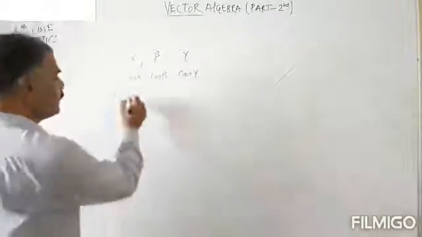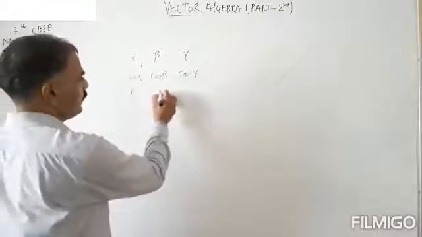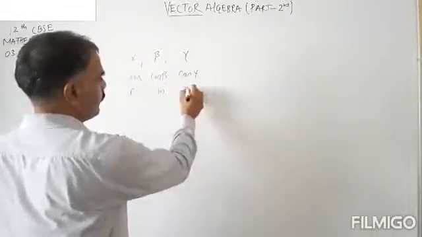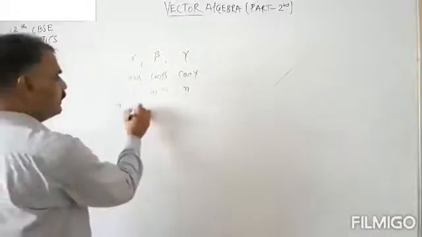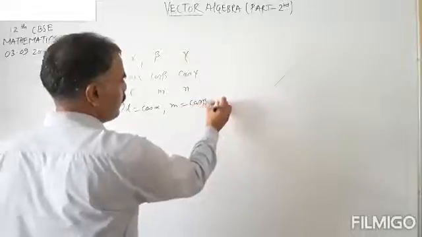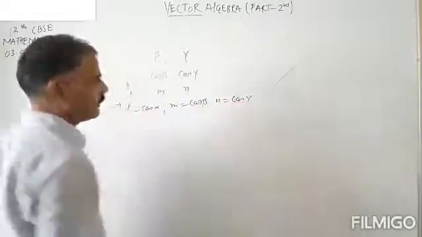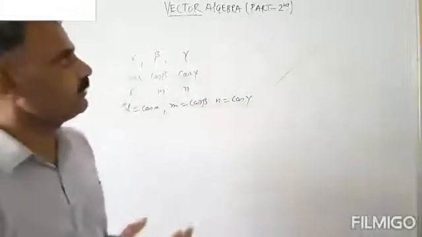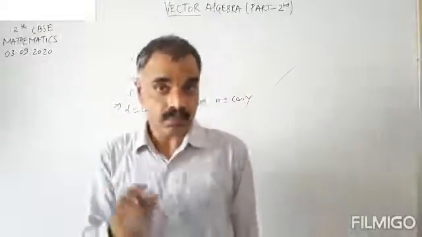These are represented as l equals cos alpha, m equals cos beta and n equals cos gamma. These are the direction cosines of the given line.